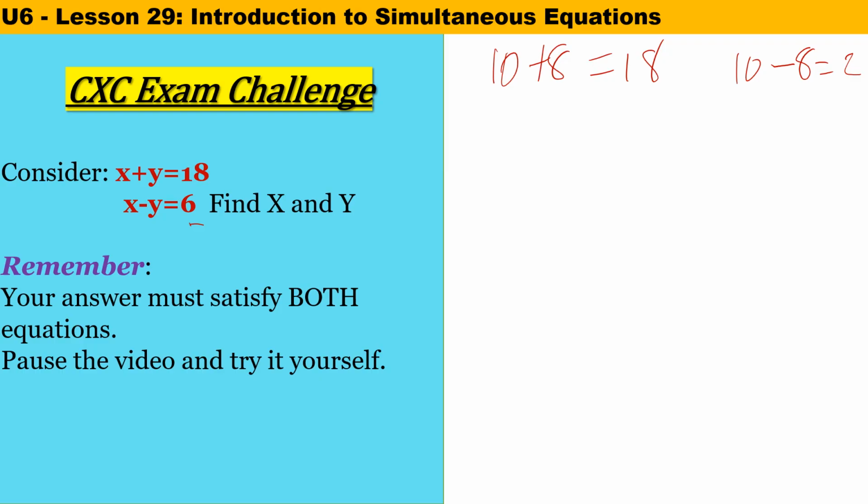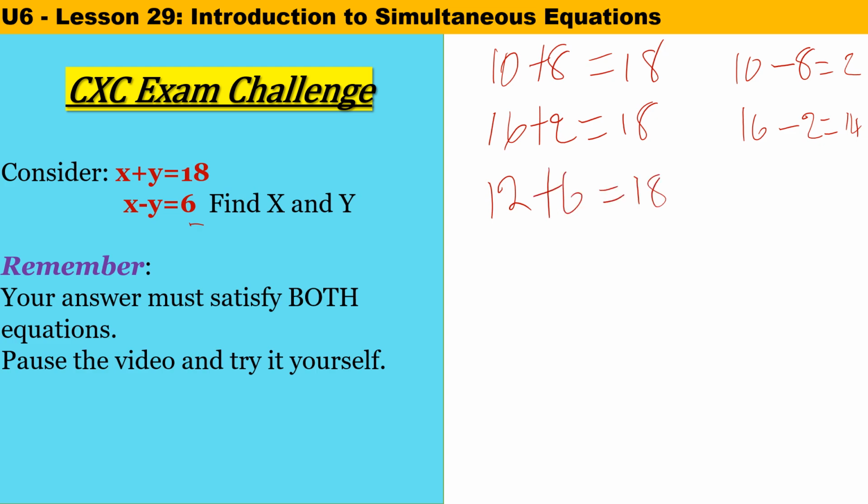Let's try another number. What if we have 16 plus 2 equal 18? 16 minus 2 is equal to 14. So that does not satisfy the equation. Let's try 12. 12 plus 6 is 18. 12 minus 6 equals 6.